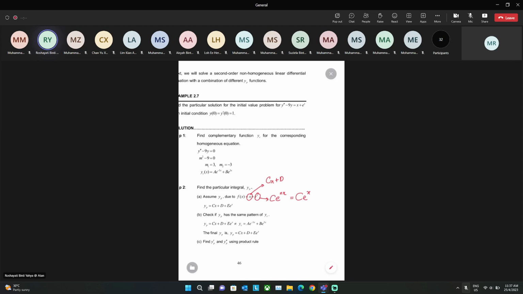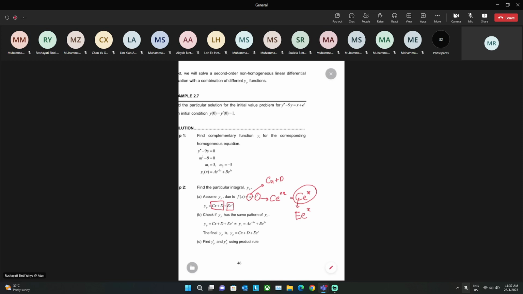So c exponential x. But class, please do not write c repeatedly. Since for x you have cx plus d, the following constant becomes e. So this becomes e exponential x.